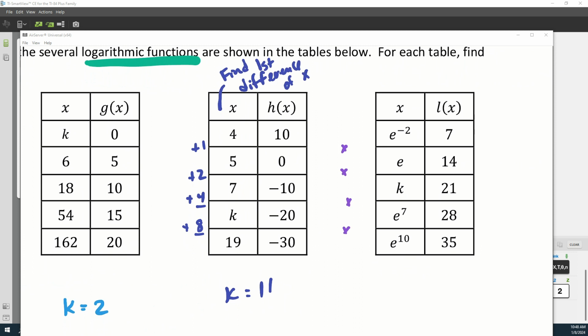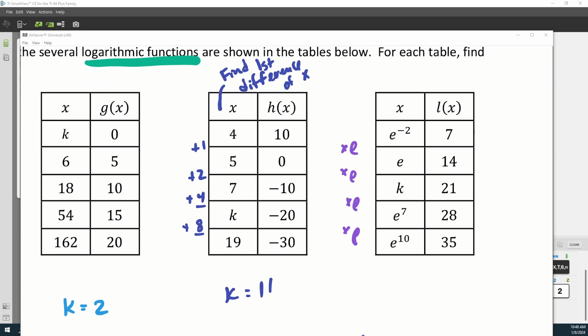Anytime you're multiplying and there's the same base, what do you do to the exponents? If I was going to multiply 2 to the third by 2 to the fourth, what would I do with the exponents? You would add them.